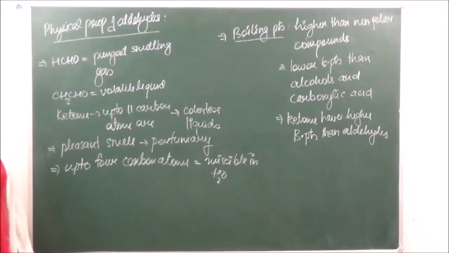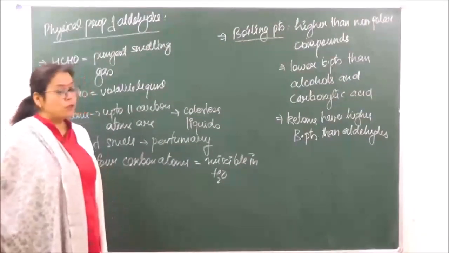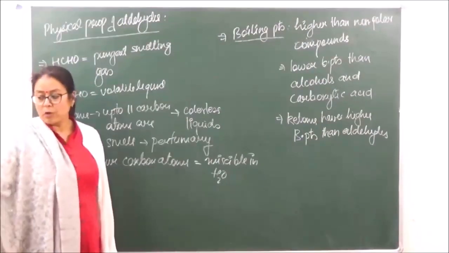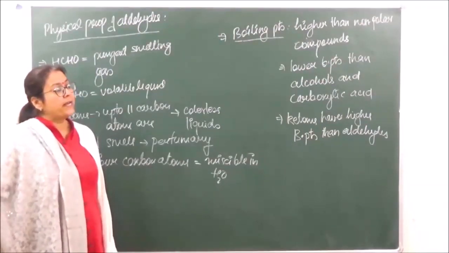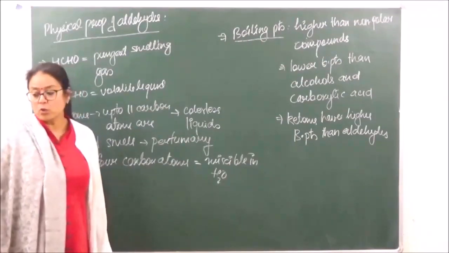If we look at propanal and propanone, propanal has a dipole moment of 2.52, whereas propanone has a dipole moment of 2.88. So propanone has a higher boiling point with respect to propanal.